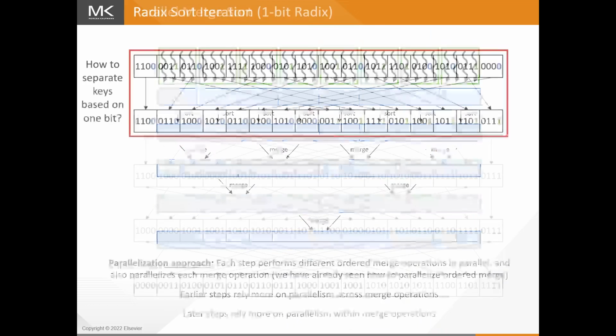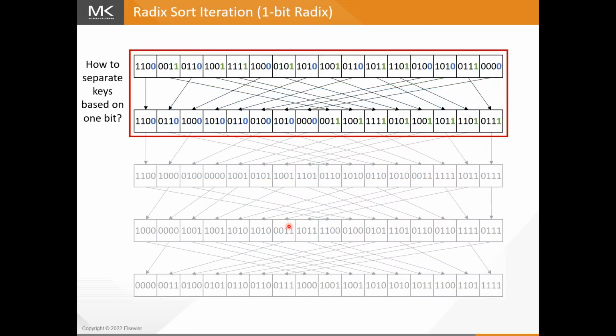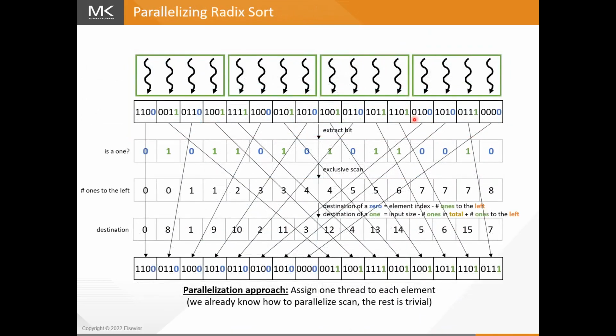Then we looked at radix sort, and we said that the main challenge of parallelizing radix sort is how to parallelize one iteration, where we take a bunch of keys and partition them into different buckets based on the digit of interest in each iteration. This is very similar to the filter pattern that we looked at before, but it's a generalization of it.